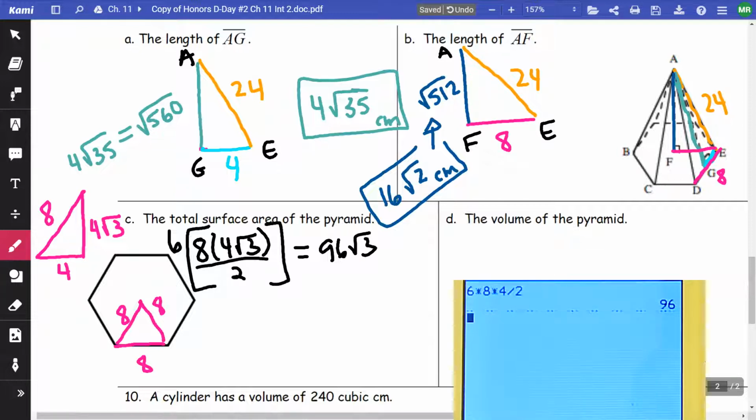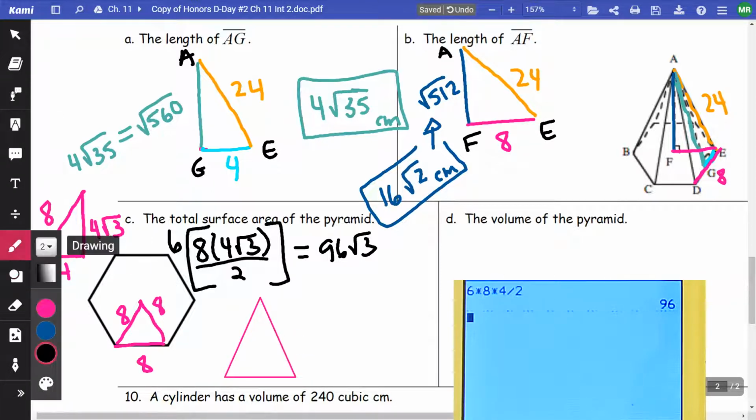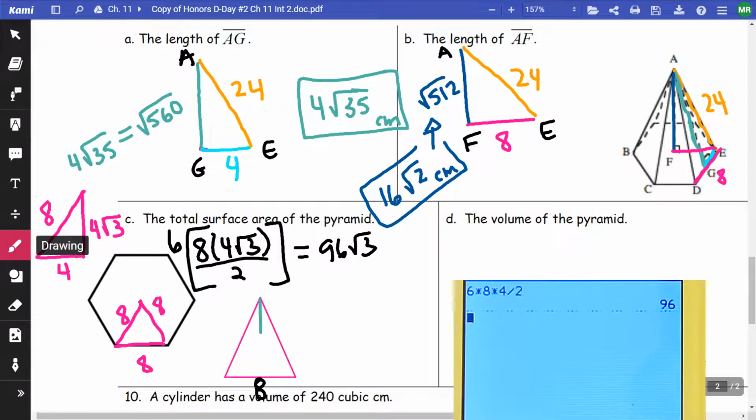Okay, so now my sides, each of the sides, I know that this is 8. This right here, from here to here, we found that was 4 root 35.